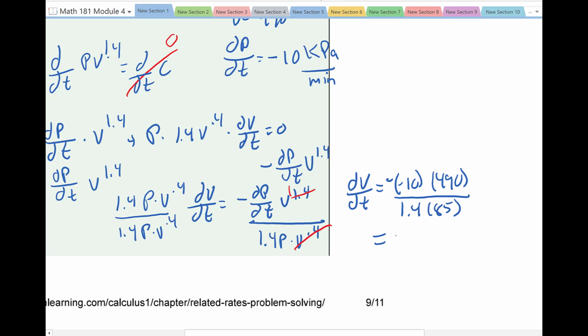And from that we get 41.1765 centimeters cubed per minute. That's our change in volume.